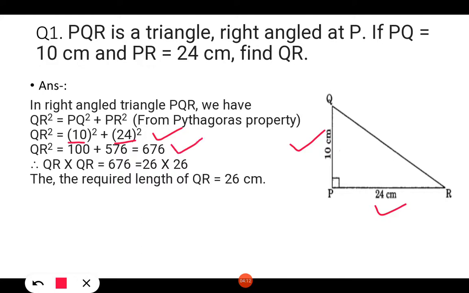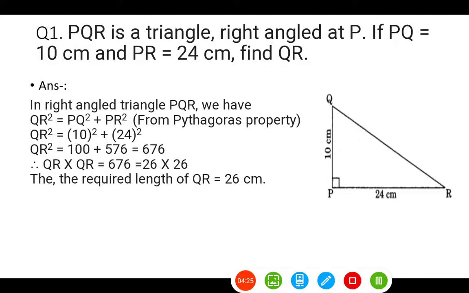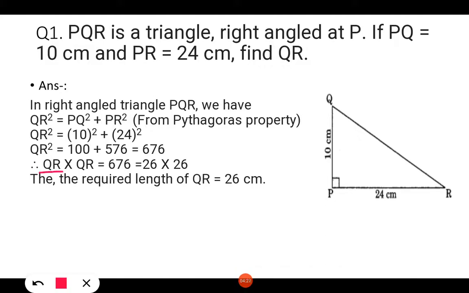On calculating, QR square is equal to 100 plus 576, which is equal to 676. Now QR square can be written as QR multiplied by QR. Similarly, 676 can be written as 26 multiplied by 26. So from here we have QR equal to 26.